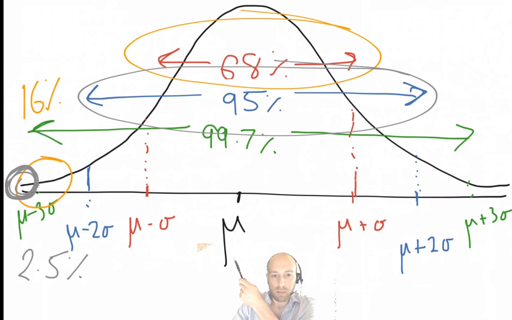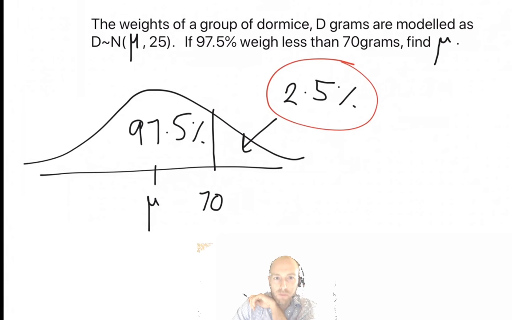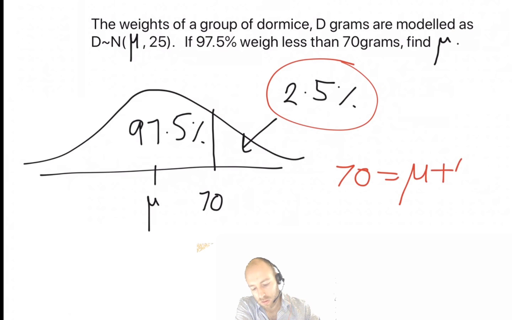So if we go all the way back to that slide. Oh no, I hope I've not broken it. Oh, good. Okay. There we go. I know that 70 equals mu plus 2 sigma. And we know what sigma is because they told us. Sigma squared is 25, therefore sigma is 5.